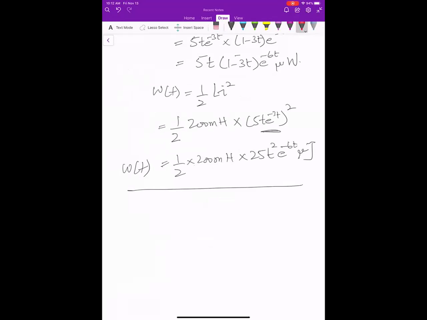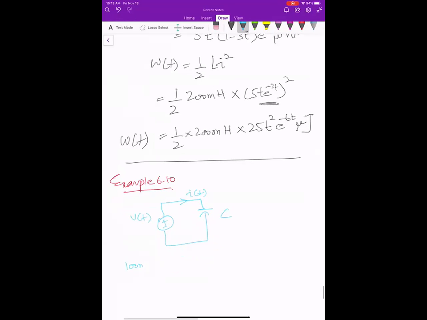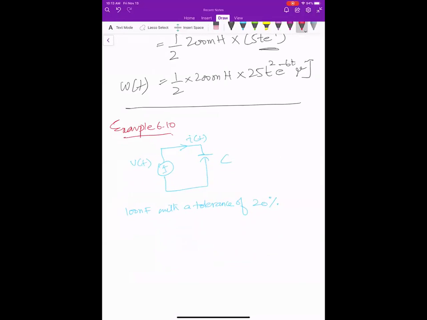So if you have this circuit, and you are given that you have the capacitance as 100 nanofarad with a tolerance of 20%, then if this is your graph, how your voltage waveform will look, how the current waveform will look.